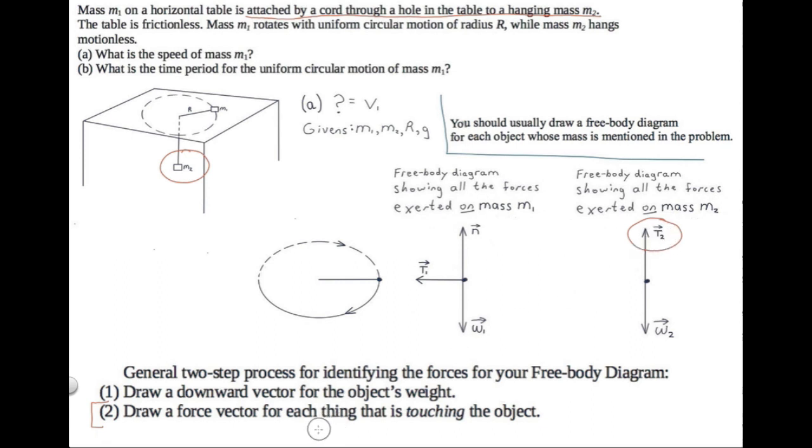Besides the cord, nothing else is touching mass 2, so there are no other forces on mass 2. So here is that two-step process that we used to identify all the forces on object 1 and to identify all the forces on object 2.